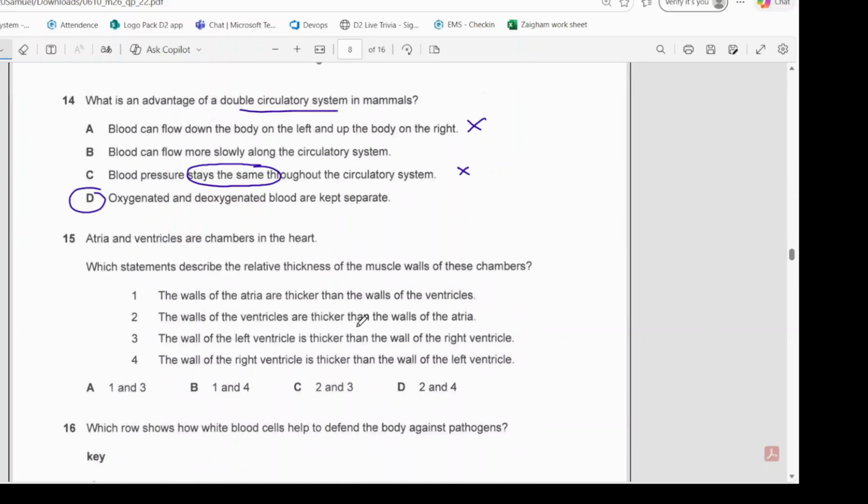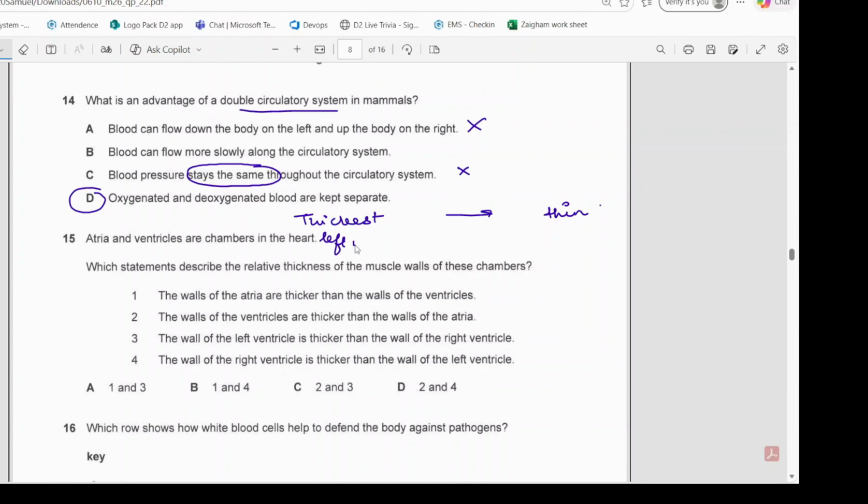Okay, atria and ventricles are chambers in the heart. Which statement describes the relative thickness of the muscle walls of these chambers? Okay, which is the thickest chamber? Yes, and then it goes to the lungs and then directly to the body.